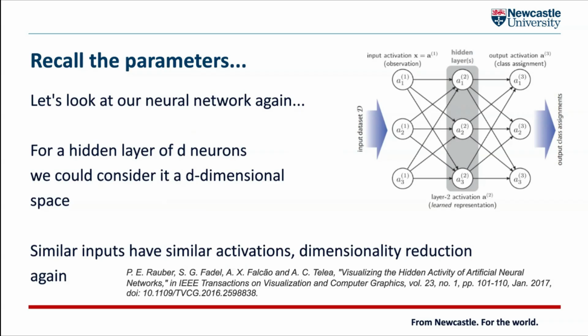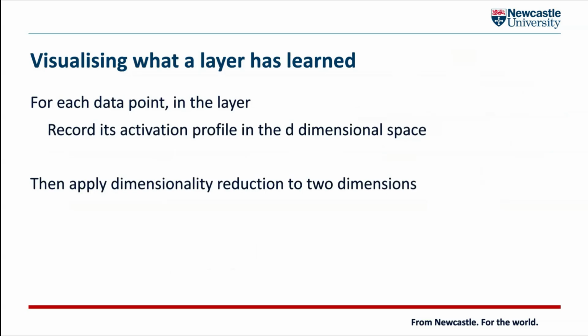And if the profiles are very different, they'll be far apart. This is what you do for each data point. After you've trained your network, or at any particular point in the training, it doesn't need to be after you've trained, you can use this technique to visualize the training process.